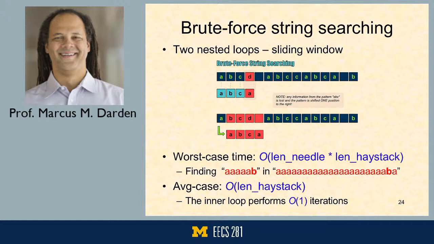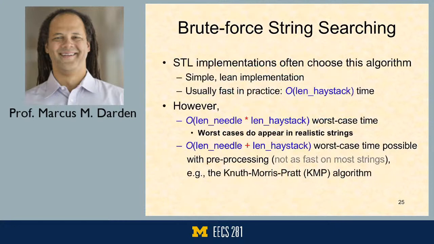The inner loop, in that case, is only performing 1 comparison because as I move the window, the outer loop moves the window that I'm looking at within the searched string, and the inner loop looks at characters in the searched string with the characters from the search string. So my average case ends up being len haystack. So that's better than my worst case there.